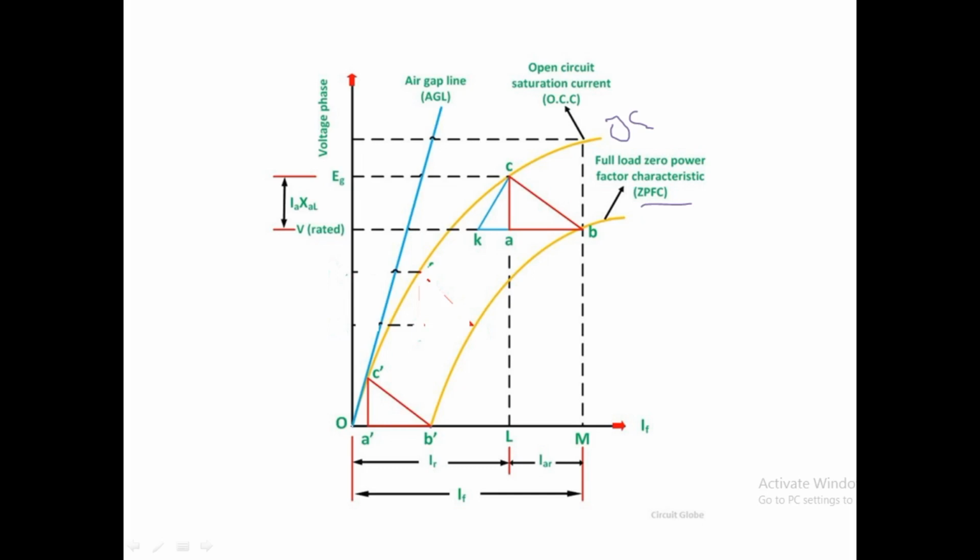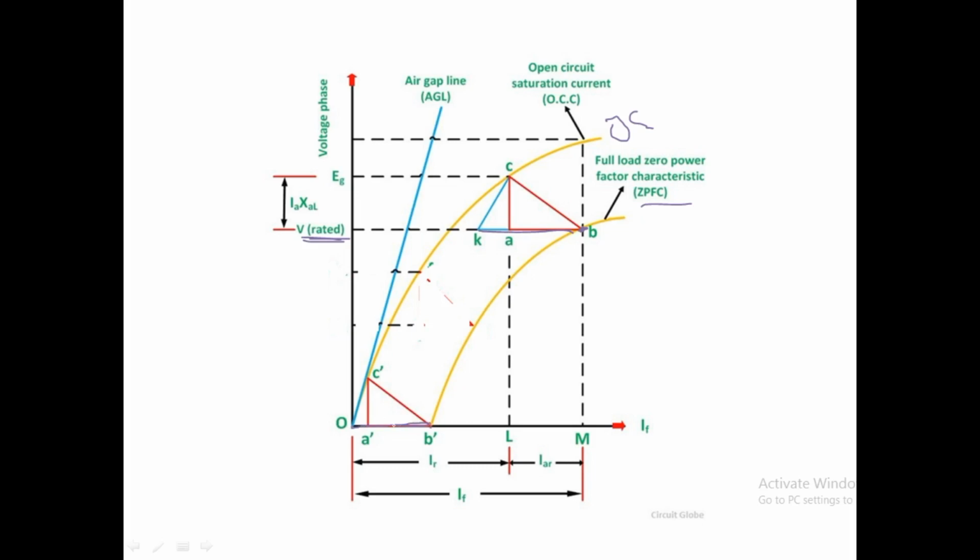Now the steps for drawing that Potier triangle, you have to note here. First, consider a point B which is near the knee point. Knee point means that curved portion you have to consider, and corresponding to the rated voltage, you draw a line to B. From this point B, draw BK, such that BK is equal to O B dash.